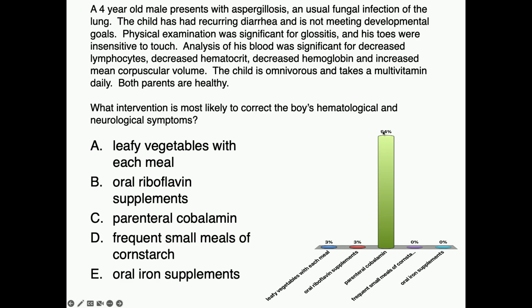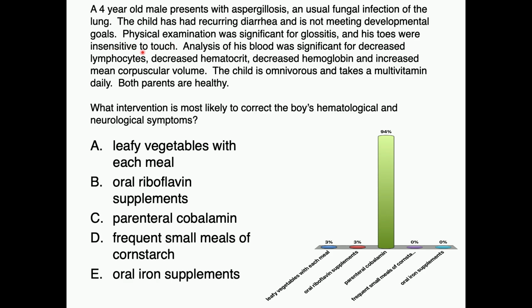So the clinical picture looks like pernicious anemia, right? He's got decreased hematocrit and hemoglobin with an increased mean corpuscular volume. So there's your macrocytic anemia. And then he's got the peripheral neuropathy, right?